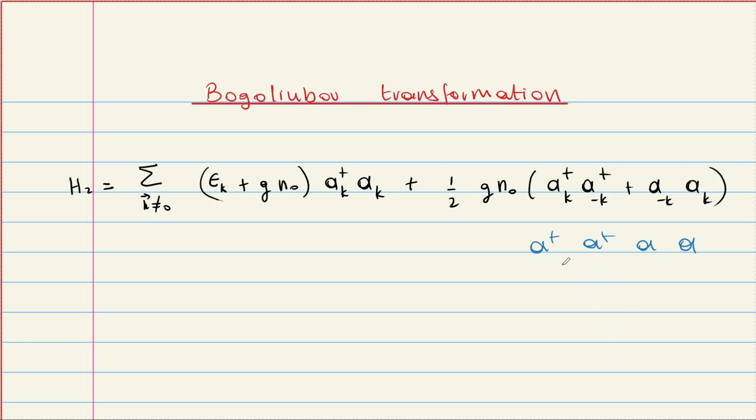We said we are interested in terms up to second order in A's and A daggers, and the question was to diagonalize this Hamiltonian and then see the spectrum. Any questions? Okay.